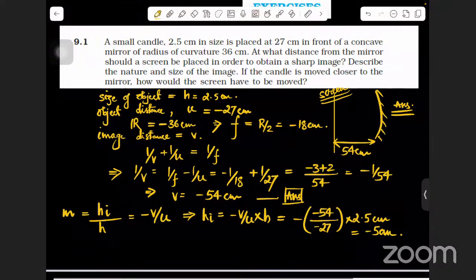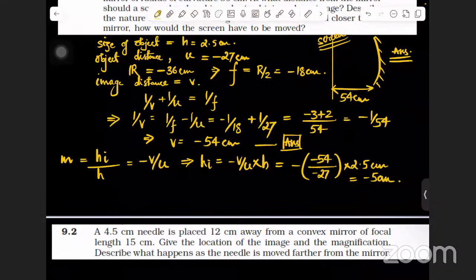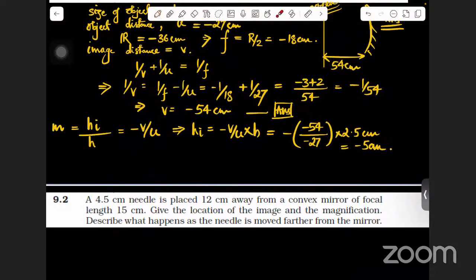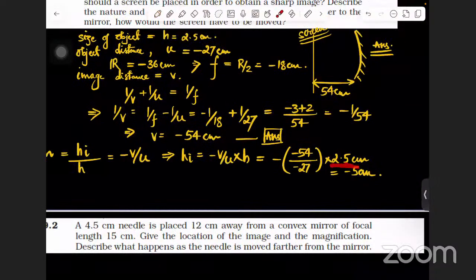So from this, we see that the height of the object is 2.5, but the image is 5. That means it's magnified. It's double the size of the object. And there is a negative sign over here. What does a negative sign imply? It's inverted. We have said that the object is above the principal axis, it's erect, so it's positive.